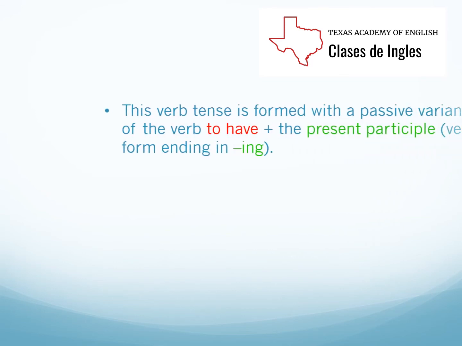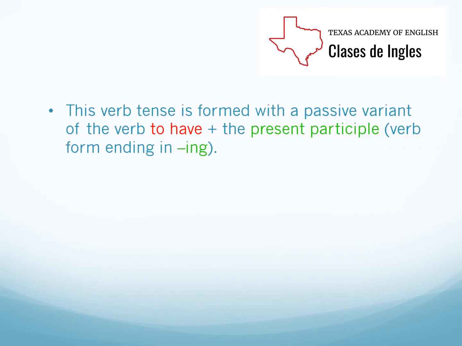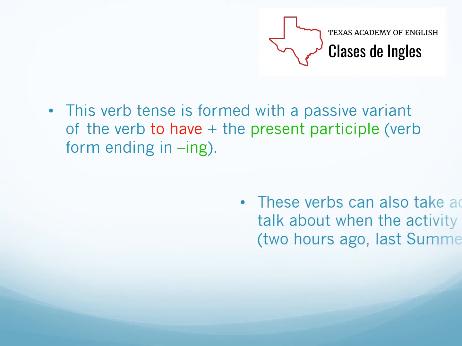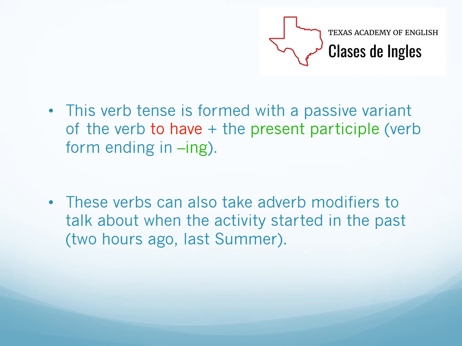This verb tense is formed with a passive variant of the verb to have, the present participle, the verb form ending in ing, and the verbs can also take adverb modifiers to talk about when the activity started in the past, for example, 2 hours ago, last summer.